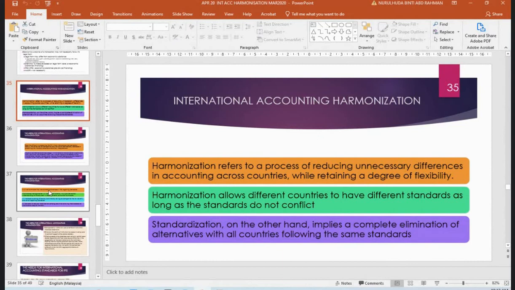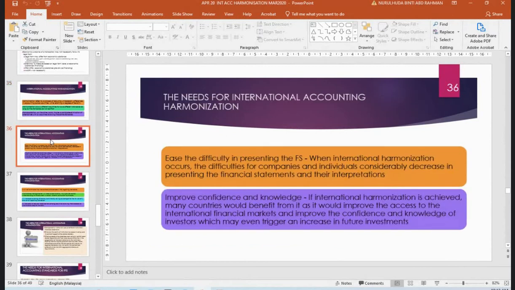So harmonization, basically they allow that country to use their own standard, but they aim to reduce unnecessary differences, so that even if it is different standard, it can still be comparable and do not conflict.